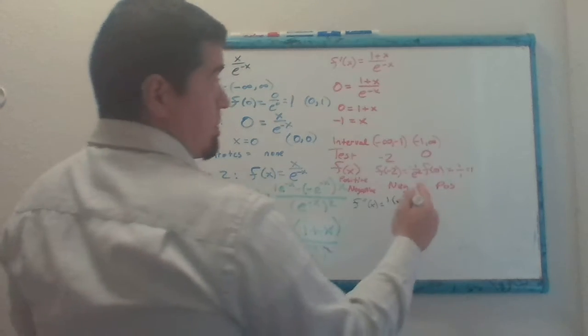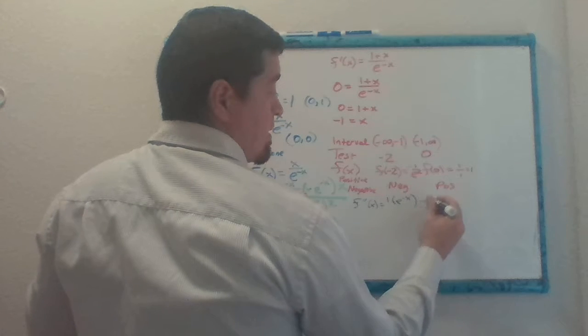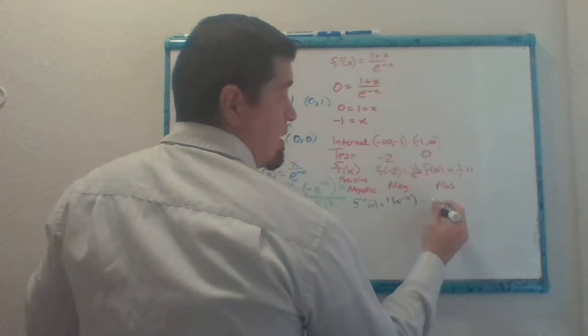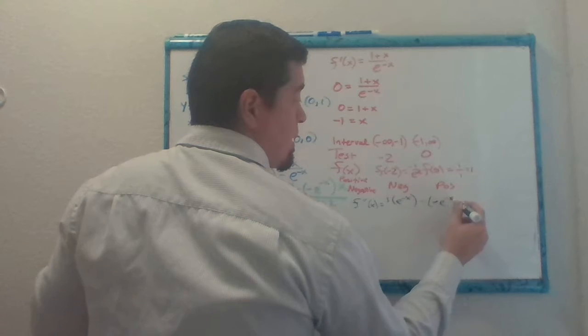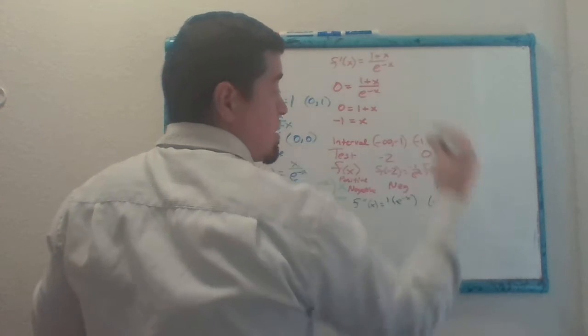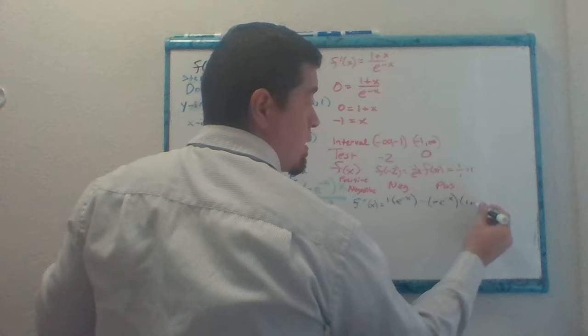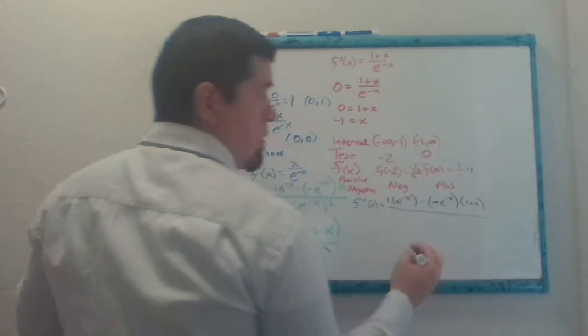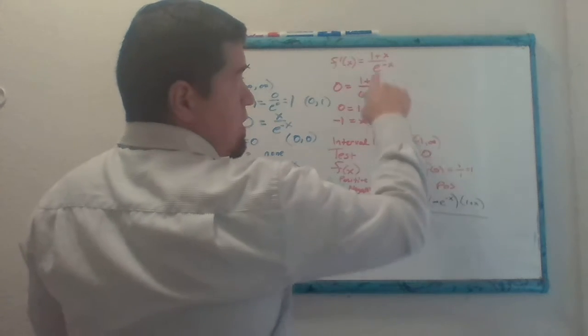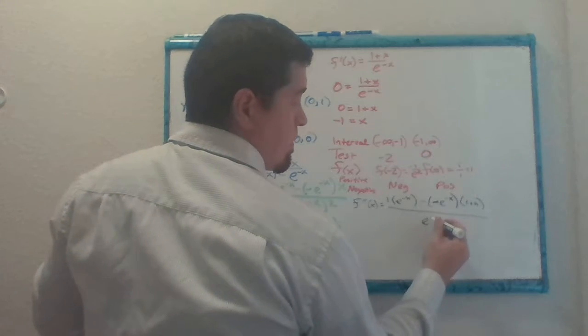It's quotient rule again. Minus the derivative of the second, which is negative e to the negative x, times the first unchanged, so times 1 plus x, all over the second squared.